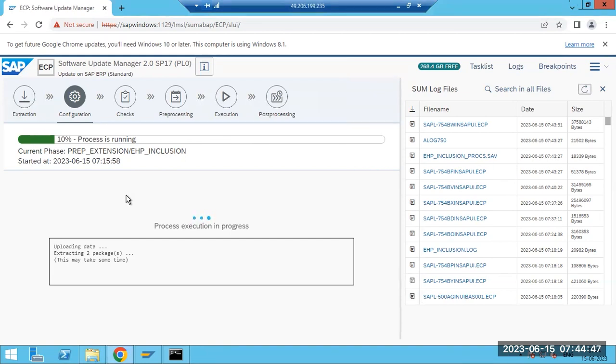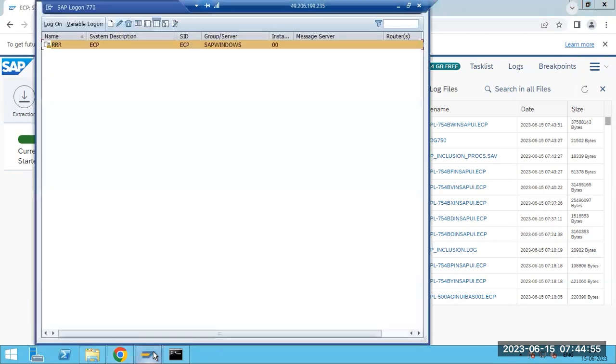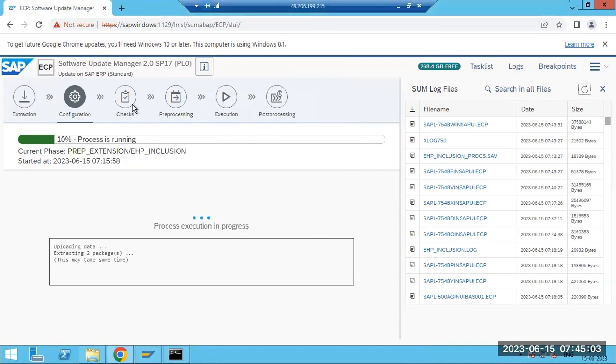Once this is completed, we have to click on the next button for the checks. In checks, nothing will happen. It will just check whether there are any failed update records, failed transactional RFCs, any unreleased transports, and free space at DB level and SAP level. These 4 or 5 checks it will do in the system.